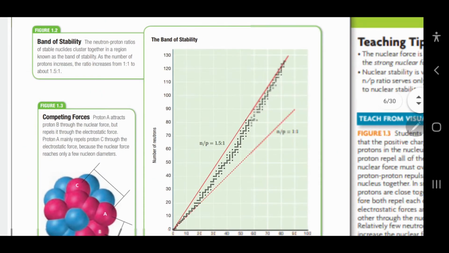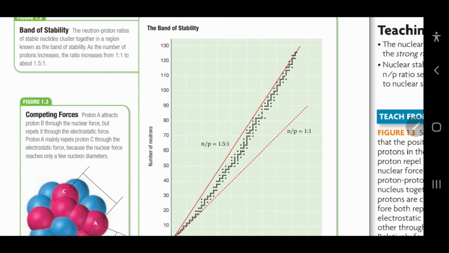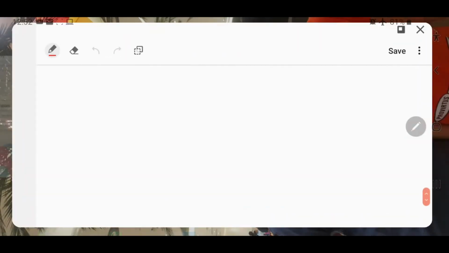We also talked about the band of stability, which is the same thing, the ratio between neutrons and protons. We said that if the atom is located inside this band, that means that we have a stable atom. For example, if we have an element X with 100 atomic mass and 40 atomic number, that means that the protons are 40 and the neutrons are 100 minus 40, which is 60.